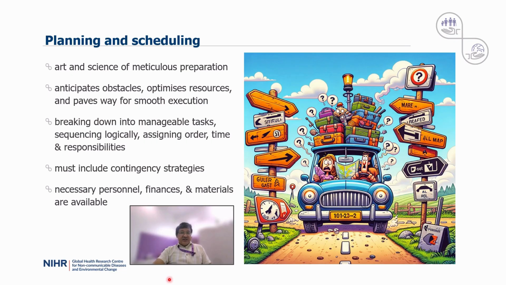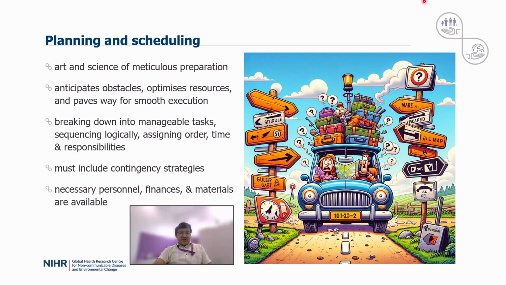It involves creating a roadmap that guides the project from inception to completion, considering potential hurdles and devising strategies to overcome them. Proper planning sets the stage for project success by outlining objectives, identifying resources, and establishing timelines.